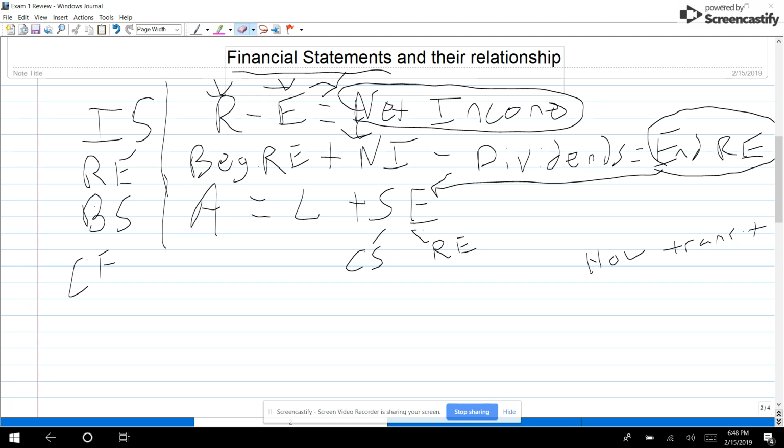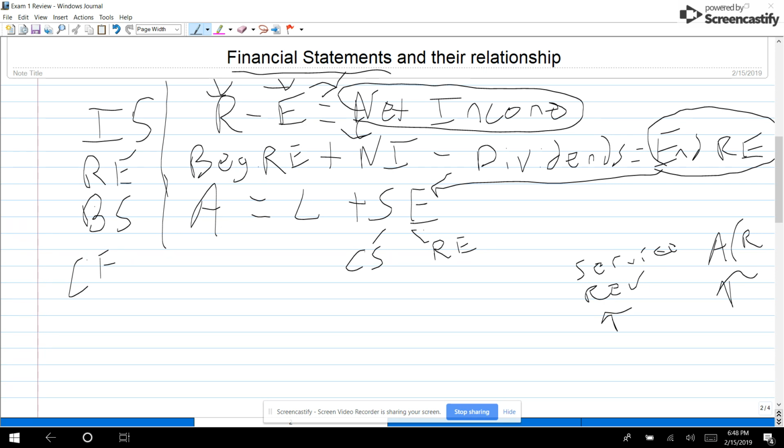So let's say we did a service, so our service revenue is going up, and then we don't get cash though, we get a receivable. So what statements are being affected?